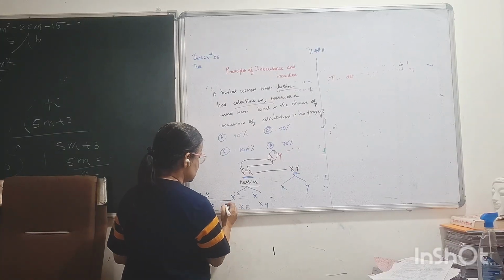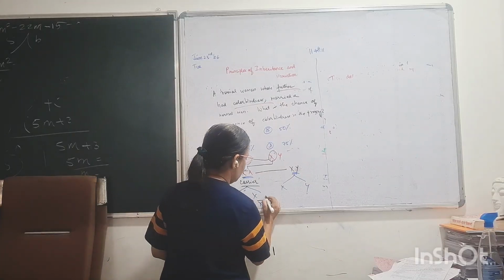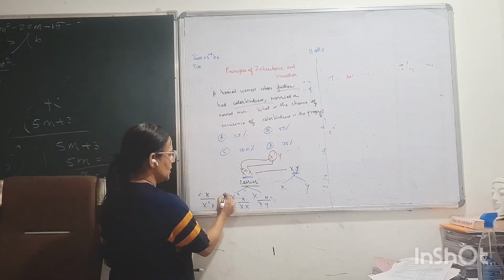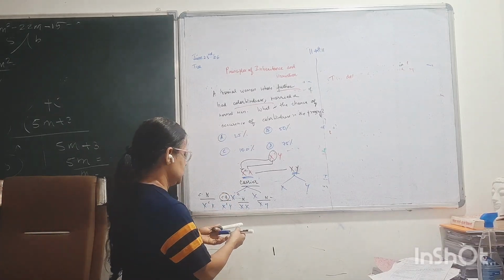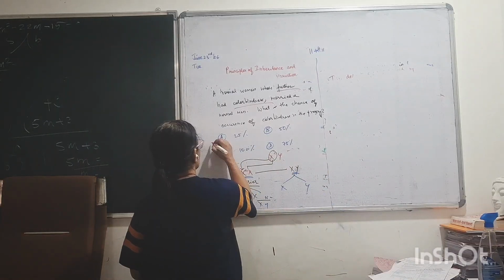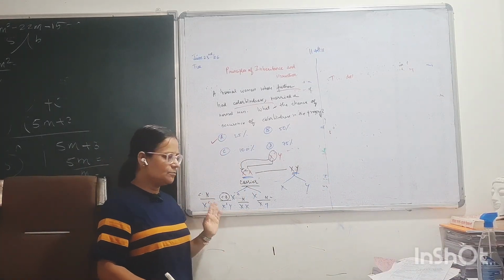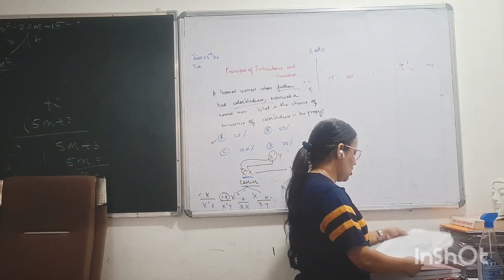This son would be color blind. This female will be normal and this male will also be normal. So out of 4 progeny, only one is color blind. That means 25% is color blind. So your answer should be A. A very simple type of question wherein you have to find out the combination.